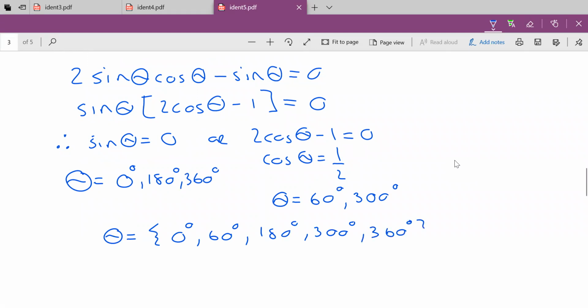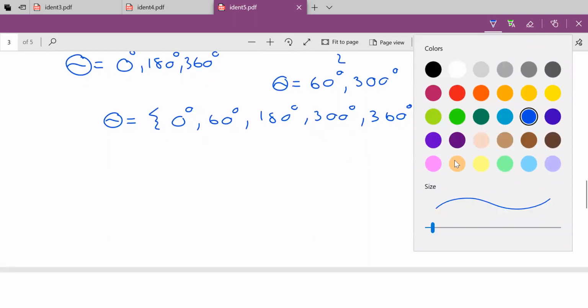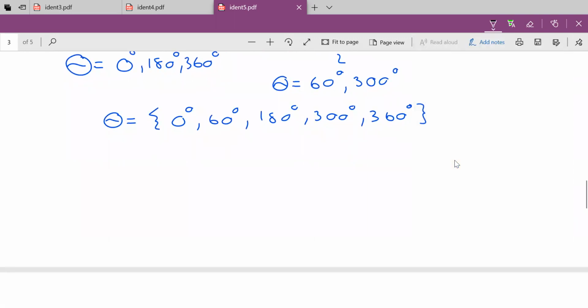But I was asked to find the general solution. So the general solution, what I like to do is I like to draw a picture. And here's my picture. Not a good artist. What I'm going to do is I'm simply just going to go and label or draw my terminal arms here.